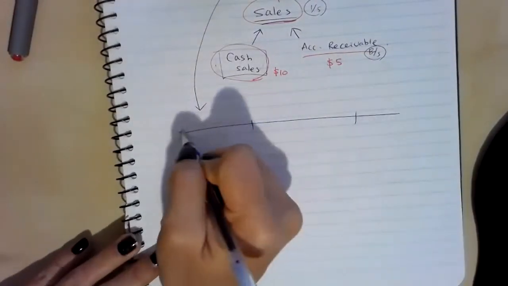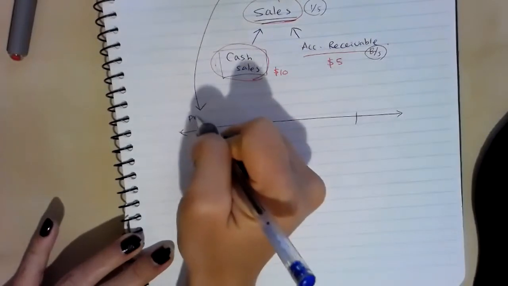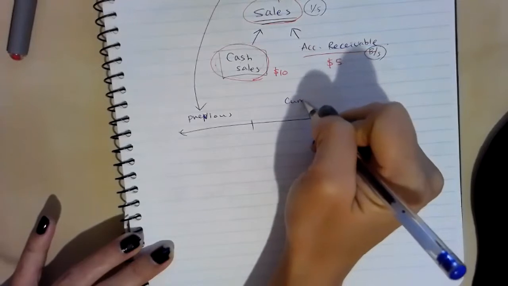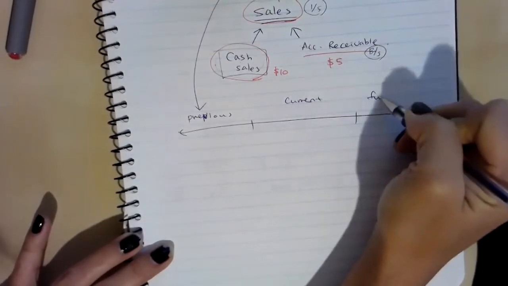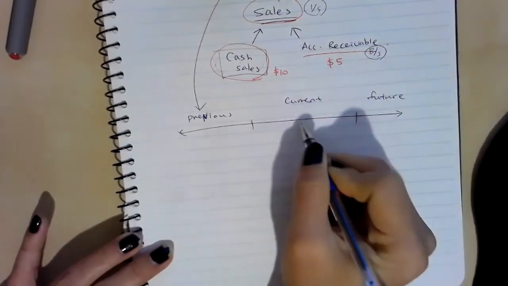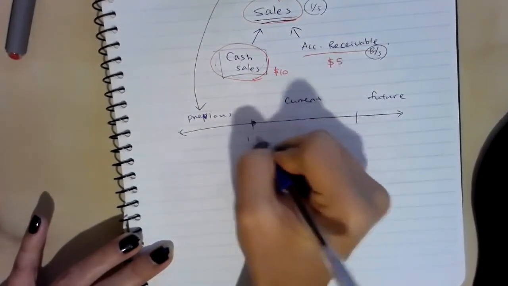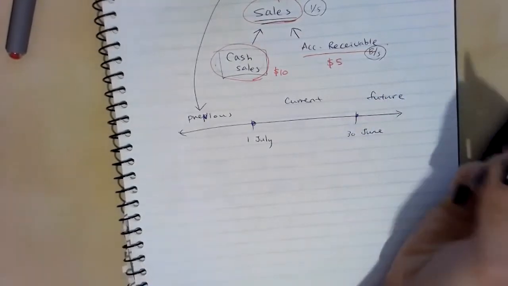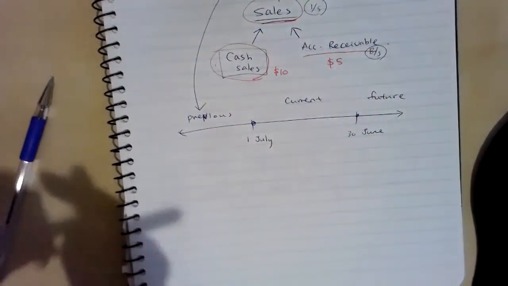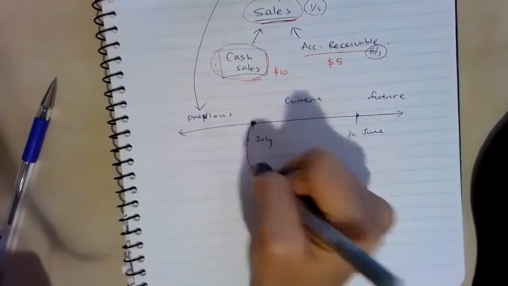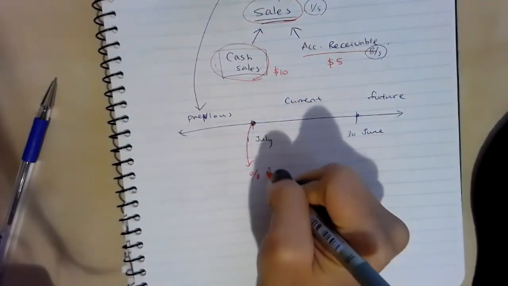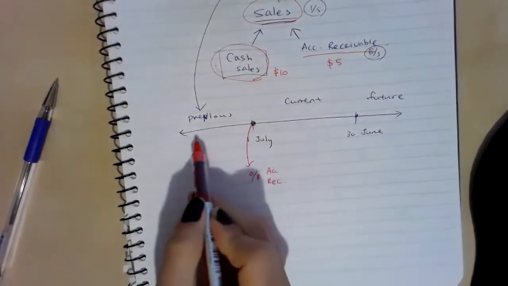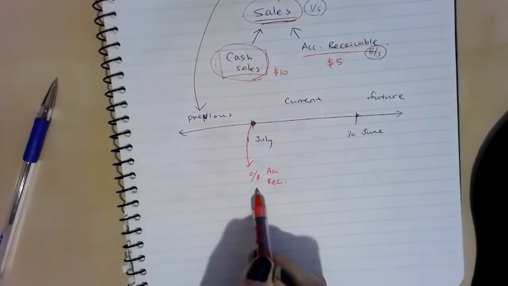if I draw a timeline, let's say that this is the previous year, and that's the current year, and that's the future period. And we are looking at the current period. That's the 1st of July, and that's the 30th of June. If we have the opening balance of accounts receivable, that means this is coming from the previous period, because that's the opening balance, right?